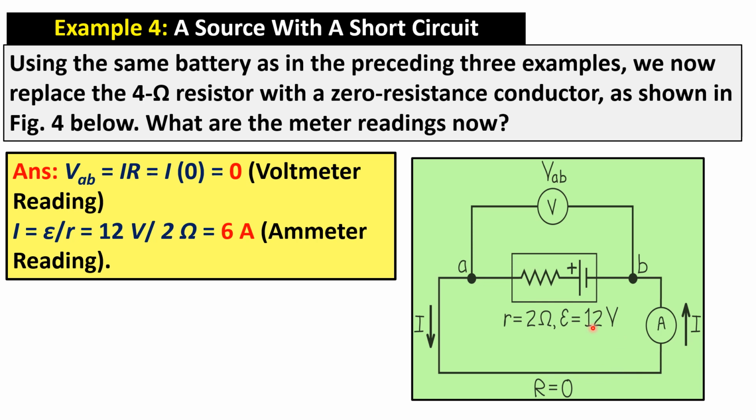Ohm's law tells us that for the same amount of voltage, the current is inversely proportional to the resistance. So if the resistance is too small, what happens to the current? It becomes so large to the point that the wire can no longer tolerate such a high amount of current.